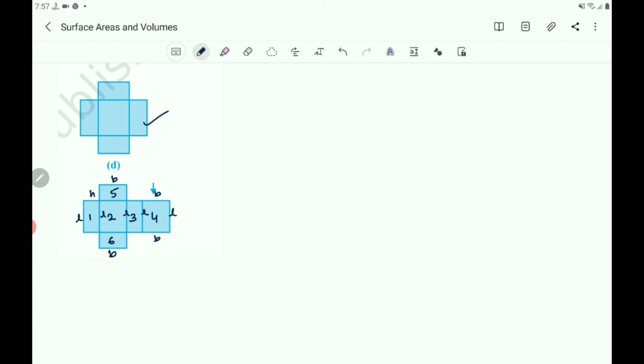Next again you have H, H, these four are H. Now let us find the area of all. The area of first, that is L into H, and the second area, also this is H, and here you take the base, because this is base means this is also base.